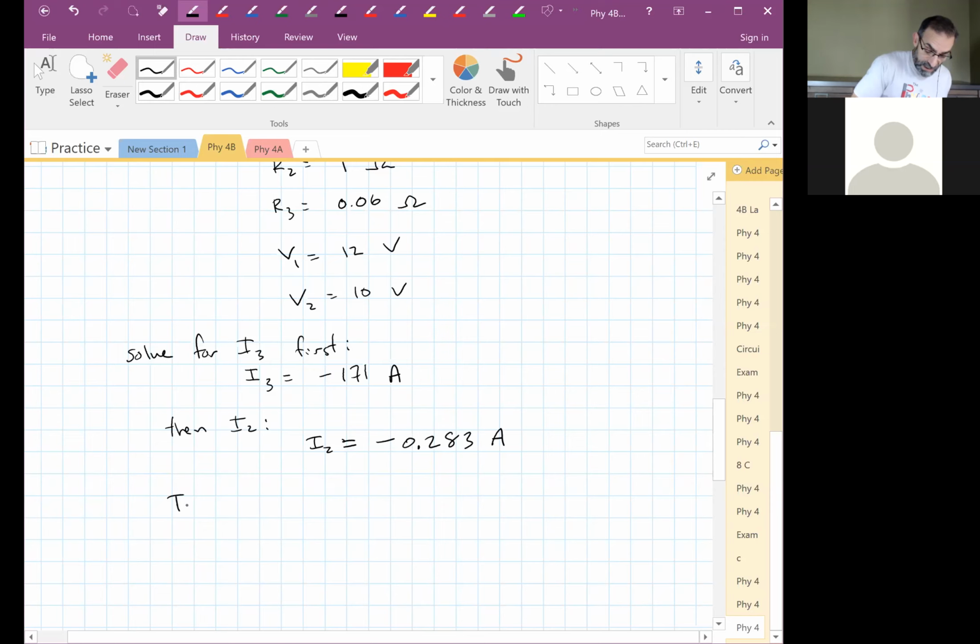Now, if I want to get I1, I would use my junction rule. I1 plus I2 plus I3 is 0.